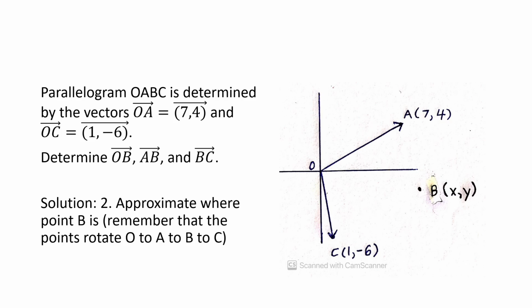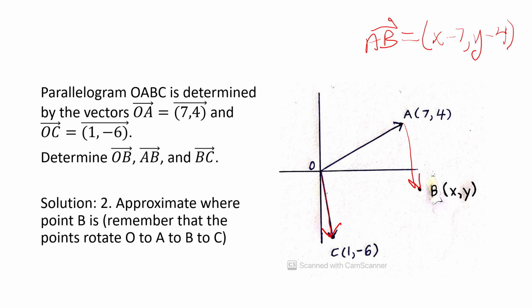Well, think about what we just said a minute ago. We know that the vector AB will be equal to the x coordinate of B minus the x coordinate of A, so x minus 7, and then the y coordinate of B minus the y coordinate of A, so it'll be y minus 4. So the vector AB will be equal to x minus 7, y minus 4. But since it's parallel, that'll be equal to the vector from 0, 0 to 1, negative 6.